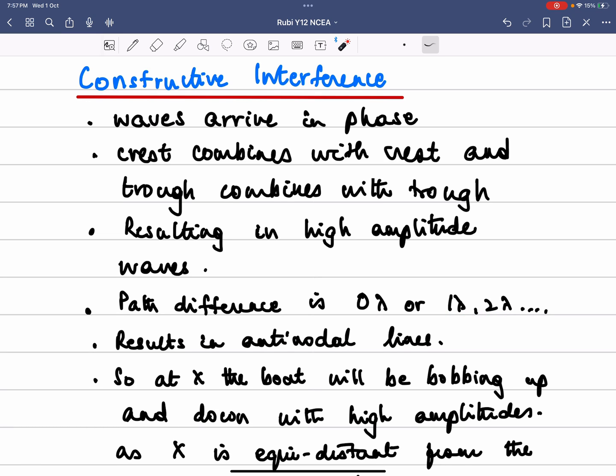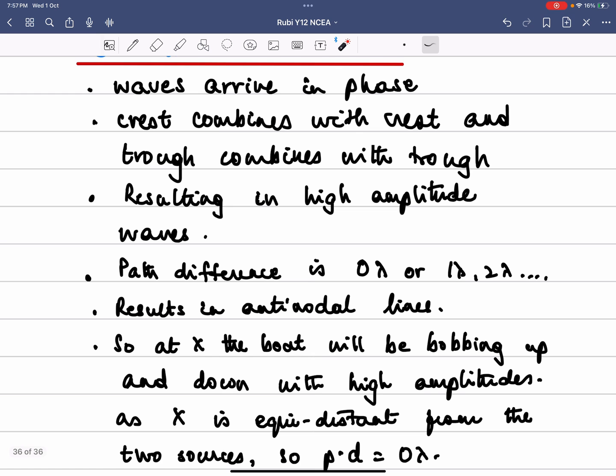So one wavelength, two wavelengths. The path difference could be 0, or in this case 6 meters, 12 meters, 18 meters, multiples of 6. All those result in constructive interference, and that results in what we call antinodal lines.